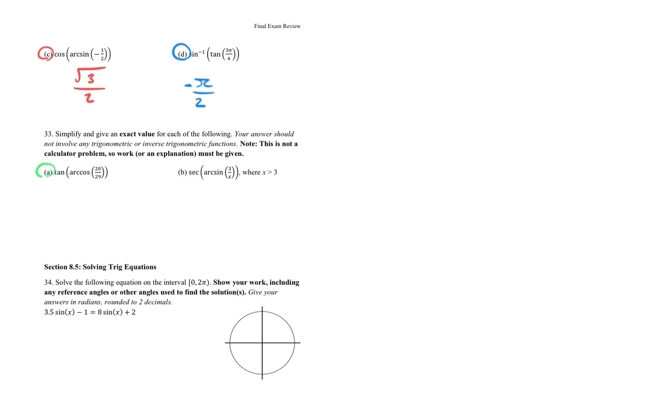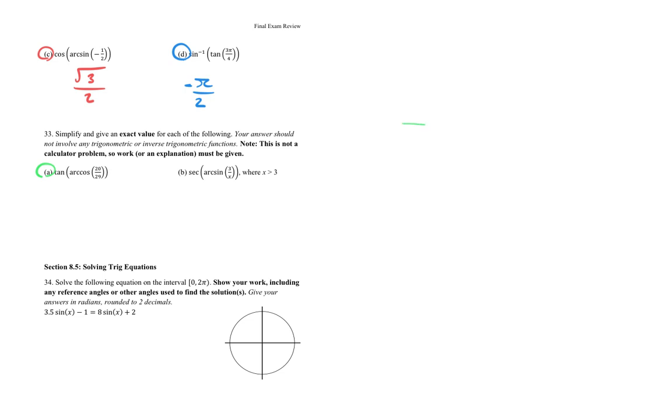Okay, 33a, we're going to simplify and give an exact value for each of the following, and we will not include any trigonometric or inverse trig functions in our answer, and we will not use a calculator with this question. Anytime we see one of these questions, generally it's a good approach to draw a triangle with it.